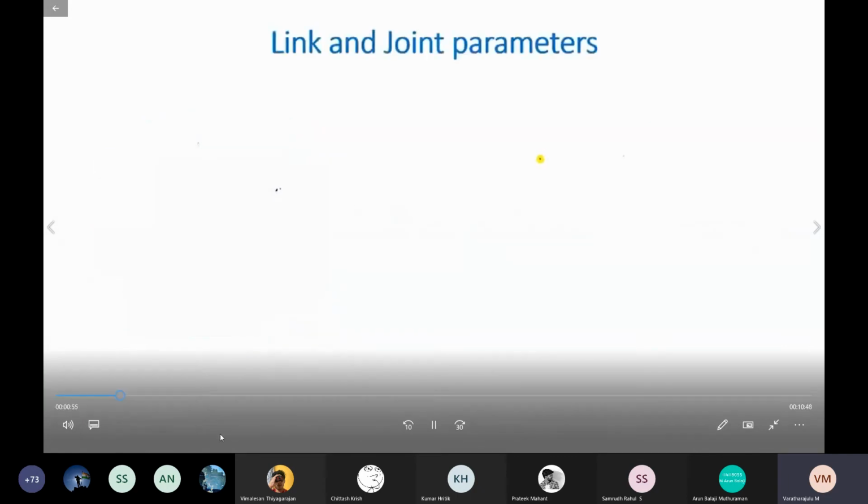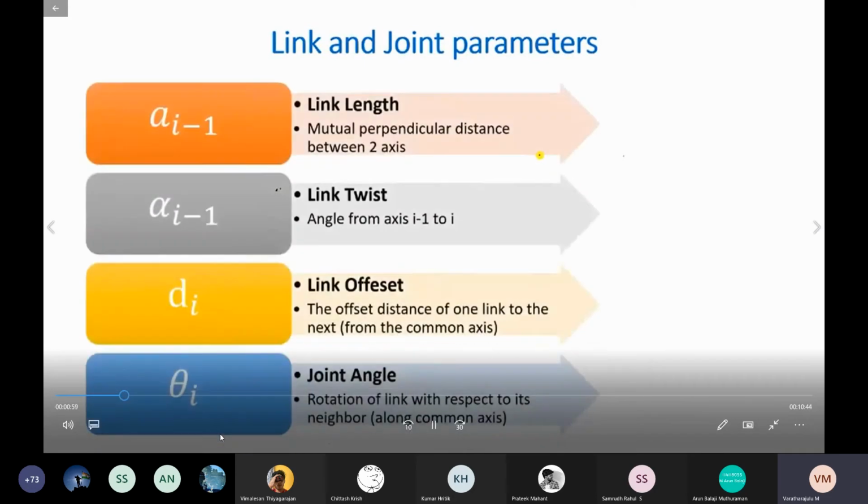Alright guys, so before we look at DH tables, let's have a look at our link joint parameters, the 4 values which make up our DH tables. Now these can be understood by considering 2 arbitrary joints. So let's just imagine a joint here, a revolute joint, connected through some sort of link to another revolute joint over here.